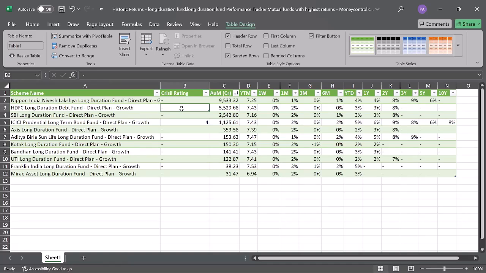Now, 7.25 is the average coupon of all the bonds which have been held by Nippon. Now, here, the bonds can be so many. So the average coupon rate is 7.25%. How much return has it given for 1 year? 4%. So it is less than the coupon rate.